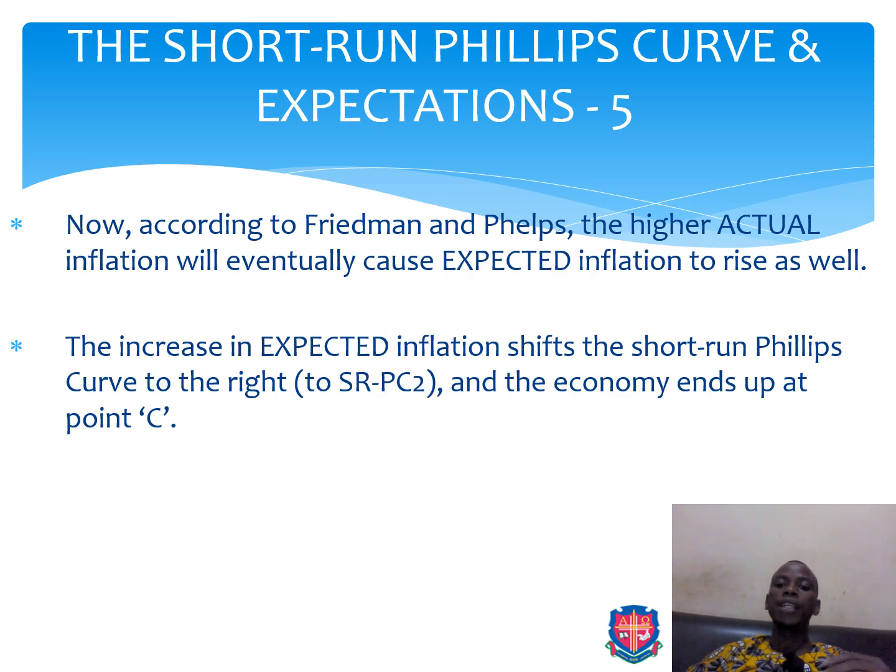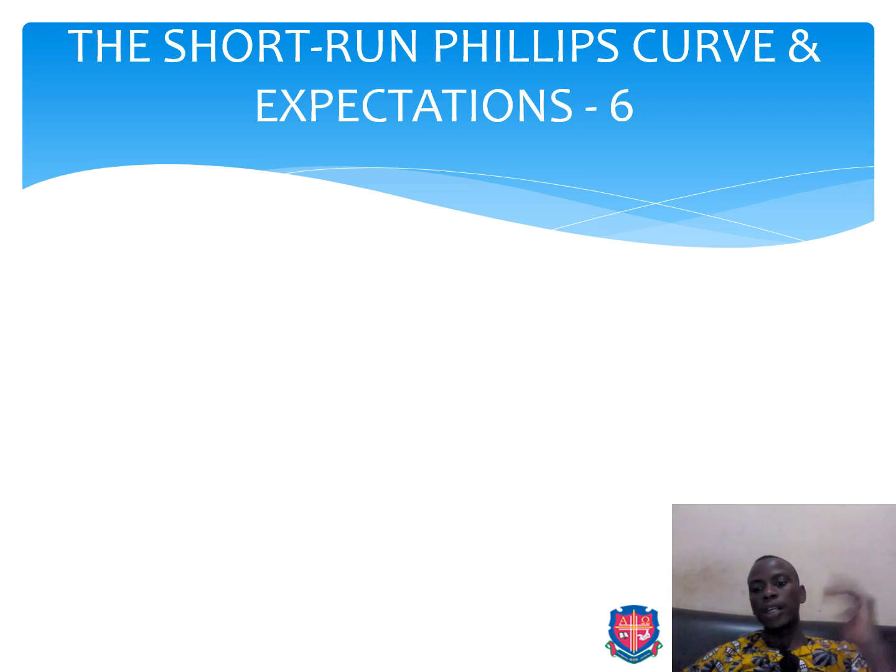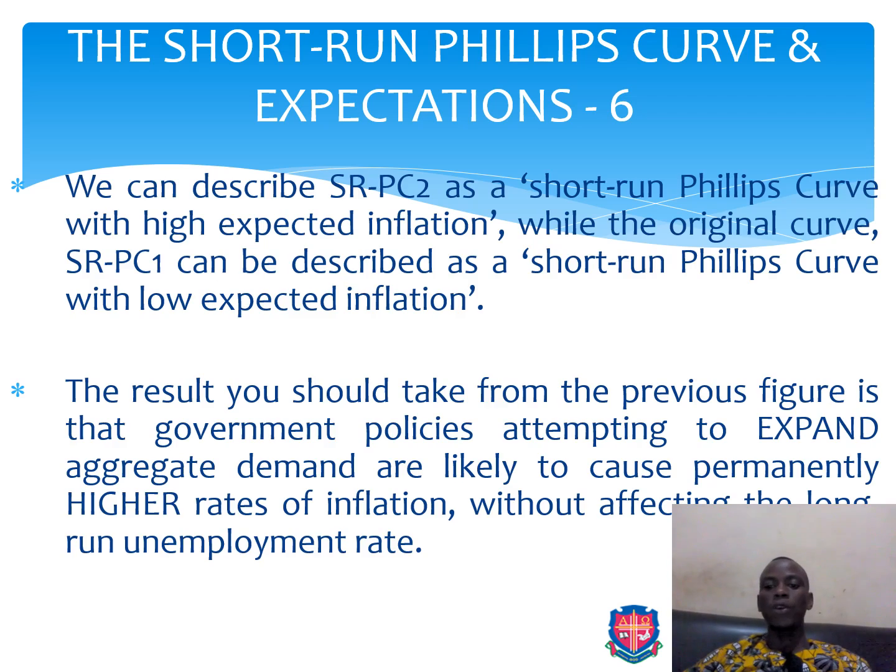Like we saw, it shifted to the right and our economy ended at point C. I talked about this in the previous graph, where the first Phillips curve, SRPC1, explains a low expected inflation, and the second short-run Phillips curve, SRPC2, explains a high expected inflation.